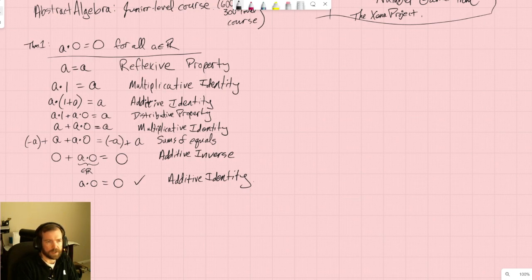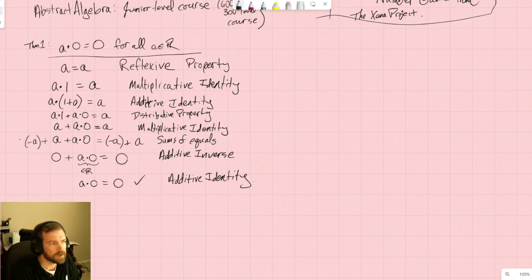And then a times parentheses 1 plus 0, we turn 1 into 1 plus 0 by the additive identity. And then we can use the left distributive property to multiply a times 1 plus a times 0, which ends up leaving us with a plus a times 0 is equal to a.